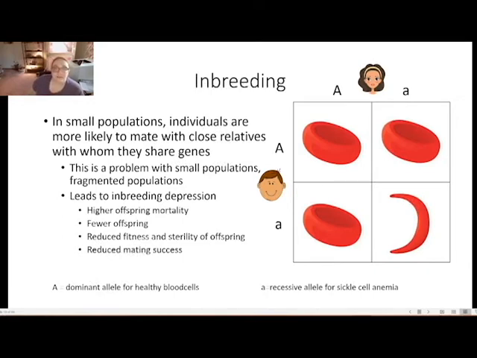But continued inbreeding leads to an overall less genetically diverse population, and it leads to the passing on of these types of traits that you don't want to have. So continued inbreeding causes a lot of population problems.